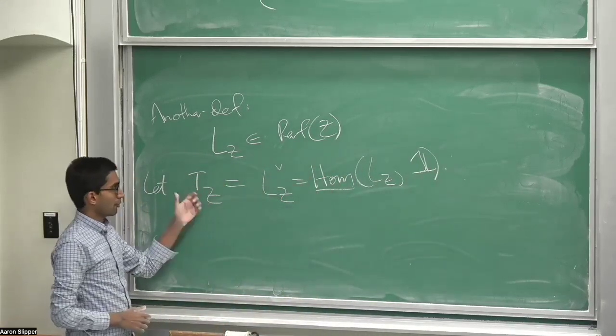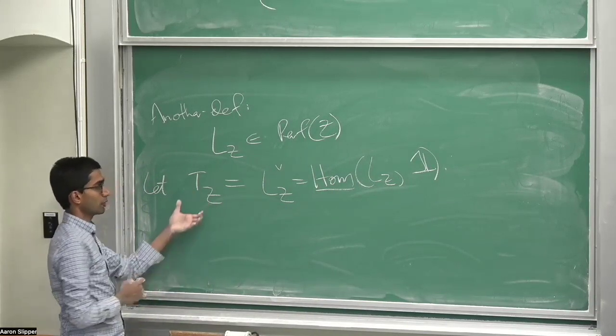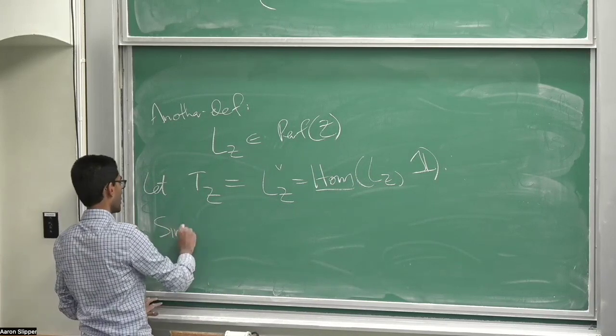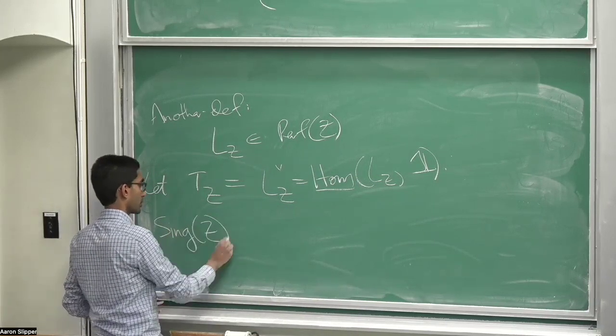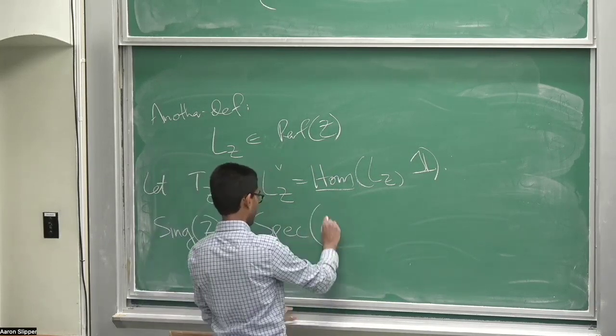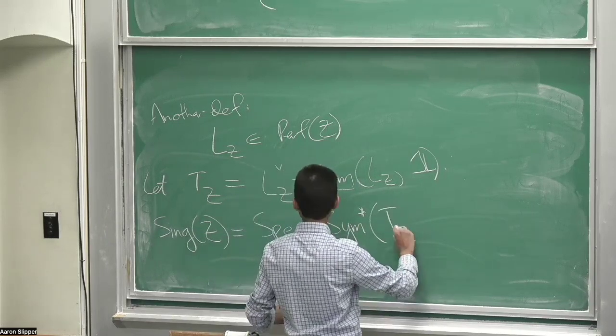So now this is going to have tor amplitude, homologically, in degrees 0 and 1. If you shift it by 1, then sigma of Z is the relative spectrum of Sym star of T.